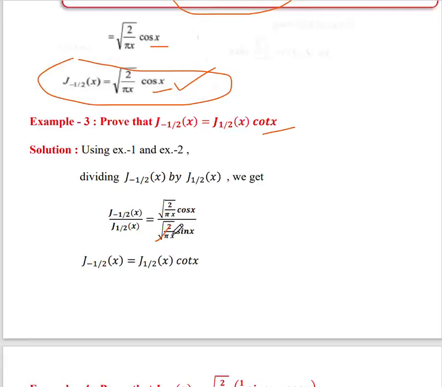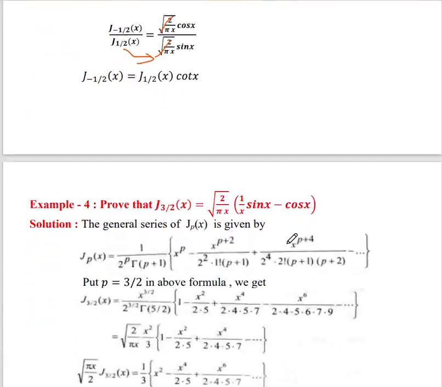So this root 2 upon pi x will get cancelled, cos x upon sin x, that is cot x. Then we will transfer this term to the RHS. So this can be written as J minus half of x equals J half of x into cot x. Okay, so in this way we can prove the formula.